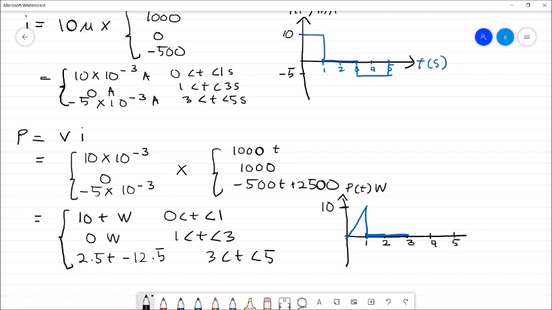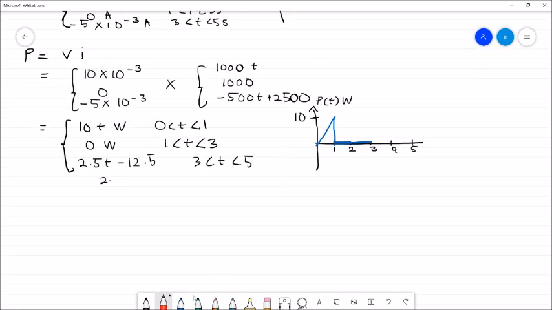So let's say you substitute the value of 3 in the equation, I will write it in the red pen. 2.5 multiplied by 3 minus 12.5, we'll get negative 5.